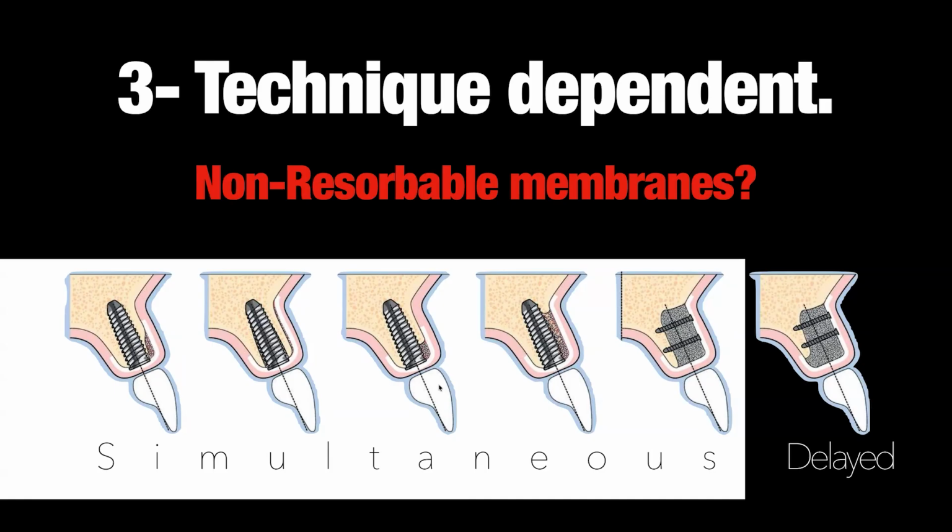If you're doing these cases, for sure go for non-resorbable membranes compared to resorbable membranes, or you can use titanium mesh or Courier plates. Other than that, you shouldn't be using collagen membrane for bigger defects.